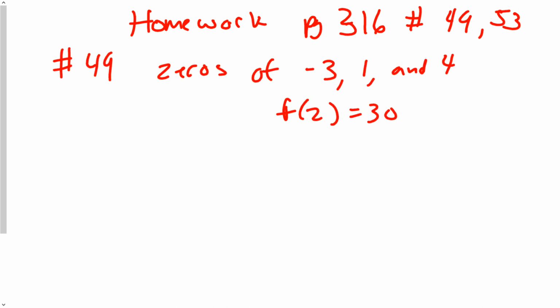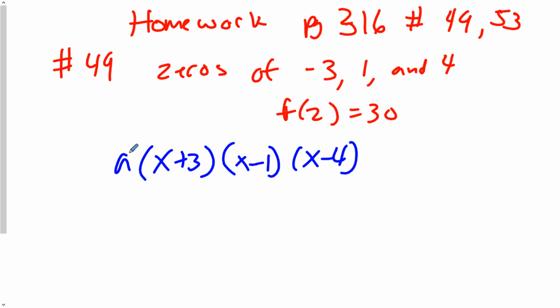Alright, so here my zeros are negative 3, 1, and 4. So my factors would be x plus 3, x minus 1, and x minus 4. I've got my a and f of x. So I could just plug in the point (2, 30). My y would be 30, and my x is 2.